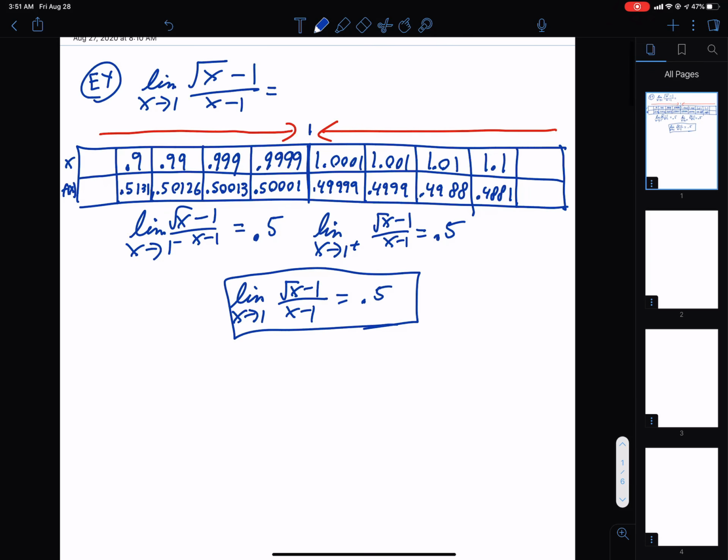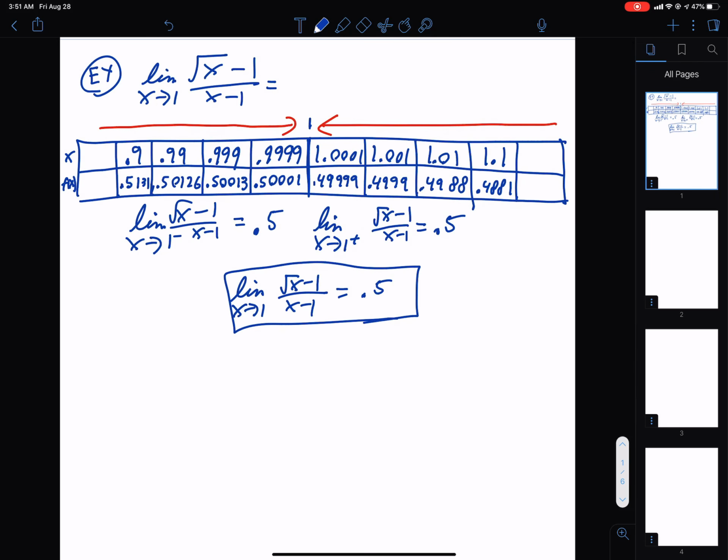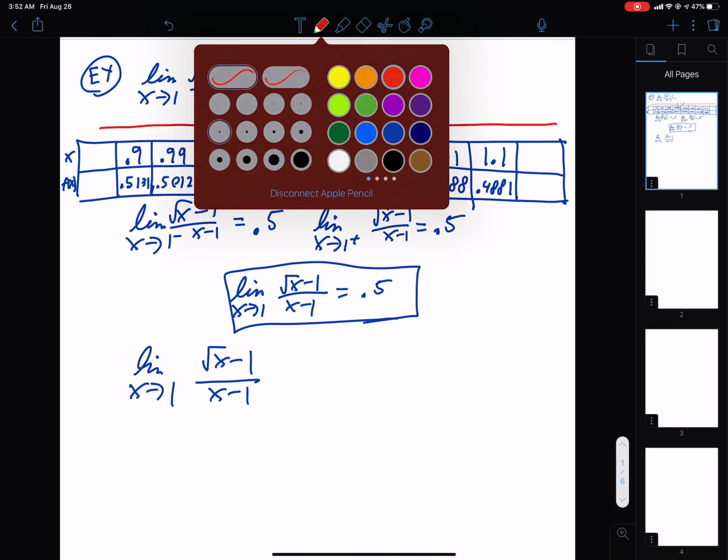Oh, and by the way, to do this using conjugates or factoring, let me show you and verify that our answer was correct. So this is a review of what you did last night. So we're going to multiply by 1.